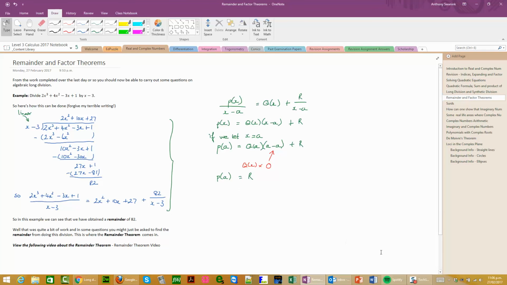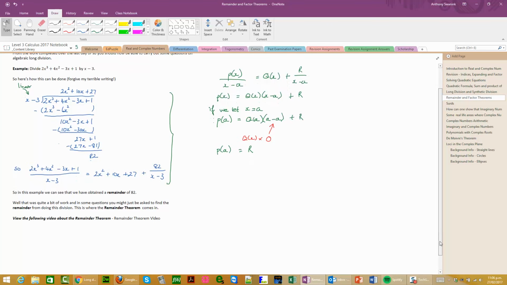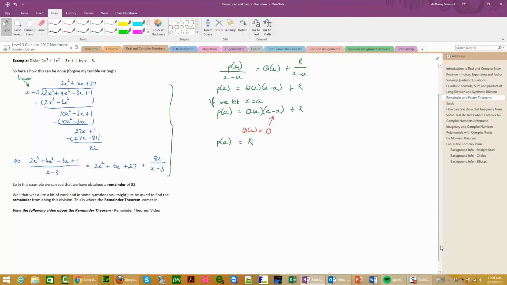Let me just move my screen up a little bit, it's easier for me to write on my tablet. So what this is saying is that if we want to find the remainder, if we're dividing the polynomial by this linear term, we simply substitute into the polynomial the value that makes the linear term equal to 0, and we should get the remainder.